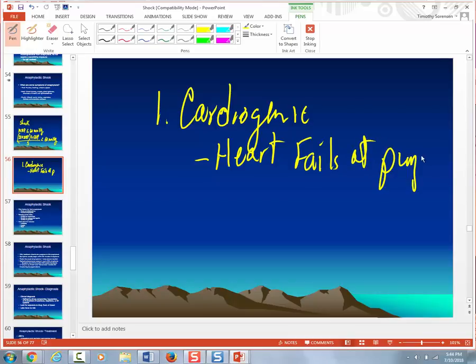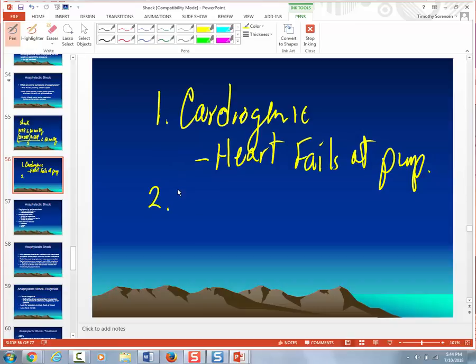So this is not a volume problem, right? So the last real thing you want to do in someone who's in cardiogenic shock is give them volume. Too much volume can cause cardiogenic shock. So all you need to understand in cardiogenic shock is the heart is failing as a pump, so you want that heart to pump better. Okay? All right.